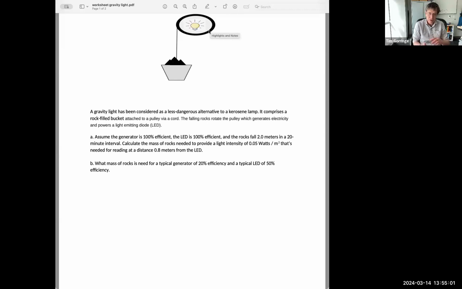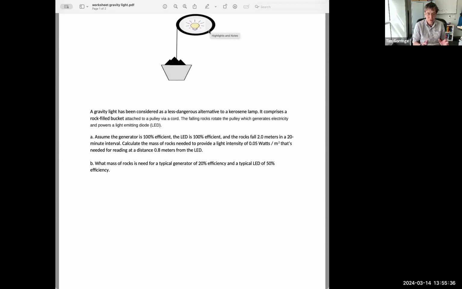And we're told that initially, we're going to imagine the generator that turns the energy associated with the falling mass into the energy carried away by the light is 100% efficient. We're also told that the LED itself, which is turning electrical energy into light energy, is also 100% efficient. So that's the best case for this gravity lamp.